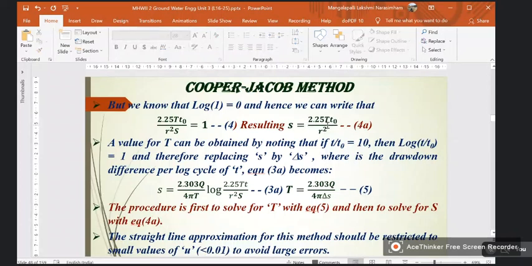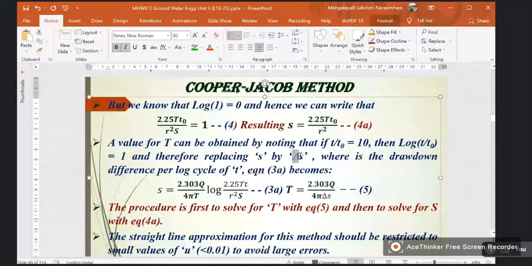Therefore, a value for T can be obtained by noting that if t by t0 is equal to 10, then log t by t0 will be 1, and therefore replacing s by delta s, where delta s is the drawdown difference per one log cycle of t.